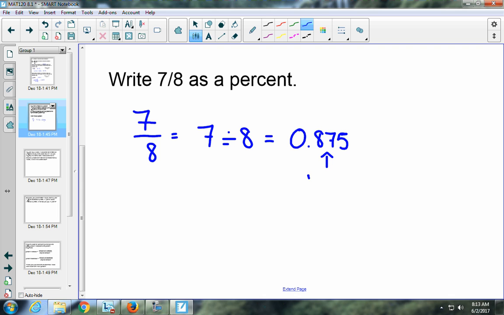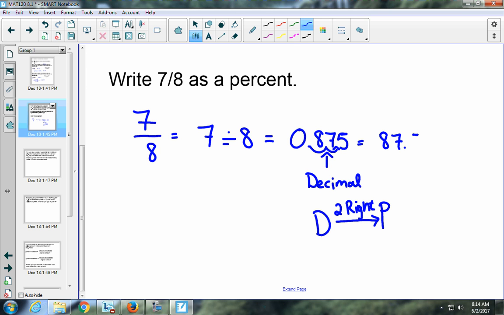So that's my fraction in decimal form. And we just saw that if we want to go from a decimal to a percent, we need to bump that decimal point 2 spaces to the right. So I go 1, 2, and that gives me 87.5%.